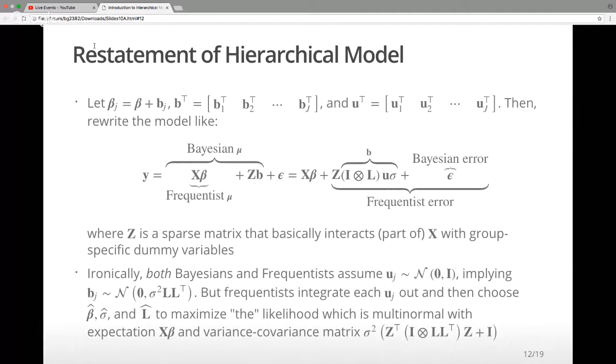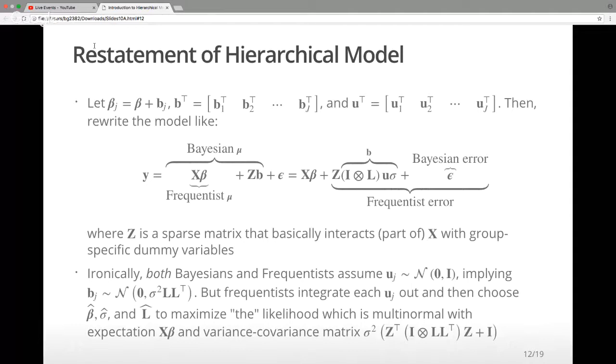Y is equal to X times beta plus Z multiplied by b, where Z is going to be a sparse matrix that basically contains the interactions between several, maybe all, of the columns of X and these dummy variables for what group this or that observation is. Dummy variable for what school, you know, person number 42 is in, etc. Plus a measurement error in the outcome, epsilon.